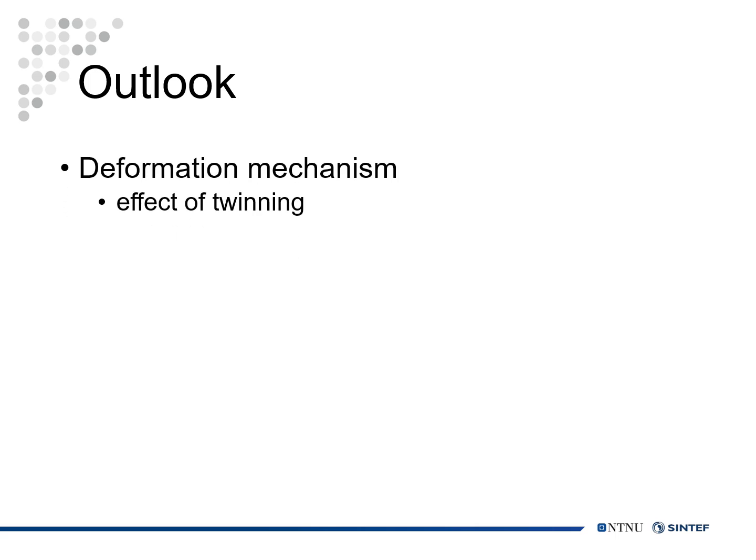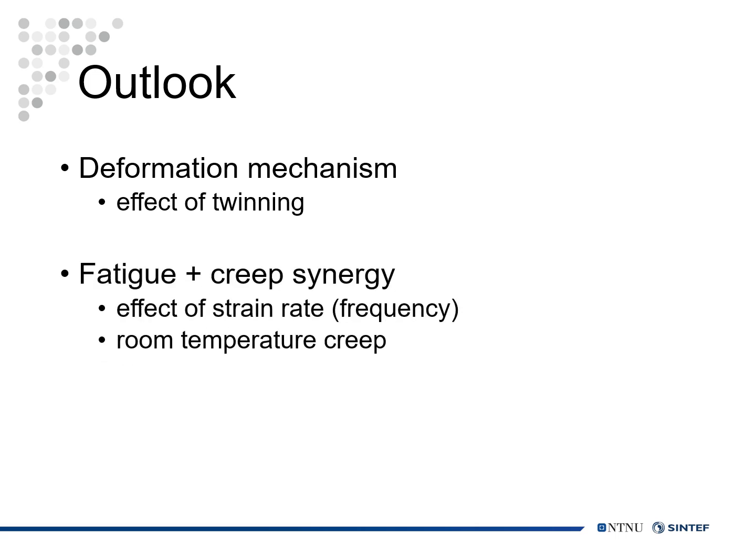Nevertheless, this is only preliminary work at the moment, and the outlook in this field is really positive. Since we see twin boundaries in this lead alloy, the effect of either deformation twins or annealing twins could be very interesting. Another important mechanism would be the fatigue-creep synergy. It's necessary to check the strain rate effect in the fatigue response of the material and investigate the possible room temperature creep deformation.